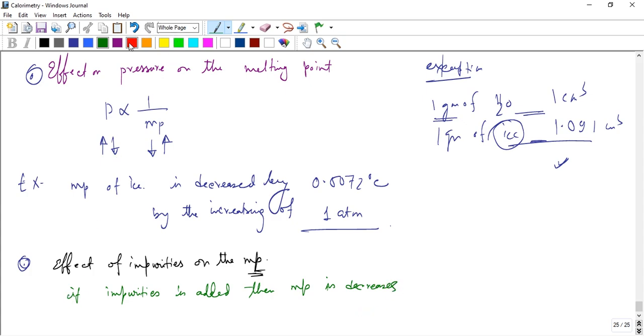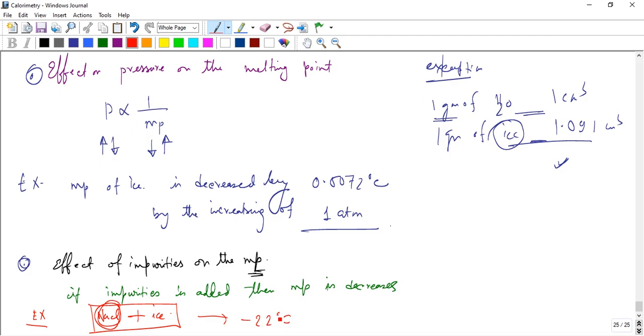Take a beautiful example. When salt, NaCl, is added to ice, salt is the impurity added to ice. So the melting point is drastically decreased, to about minus 22 degrees centigrade.